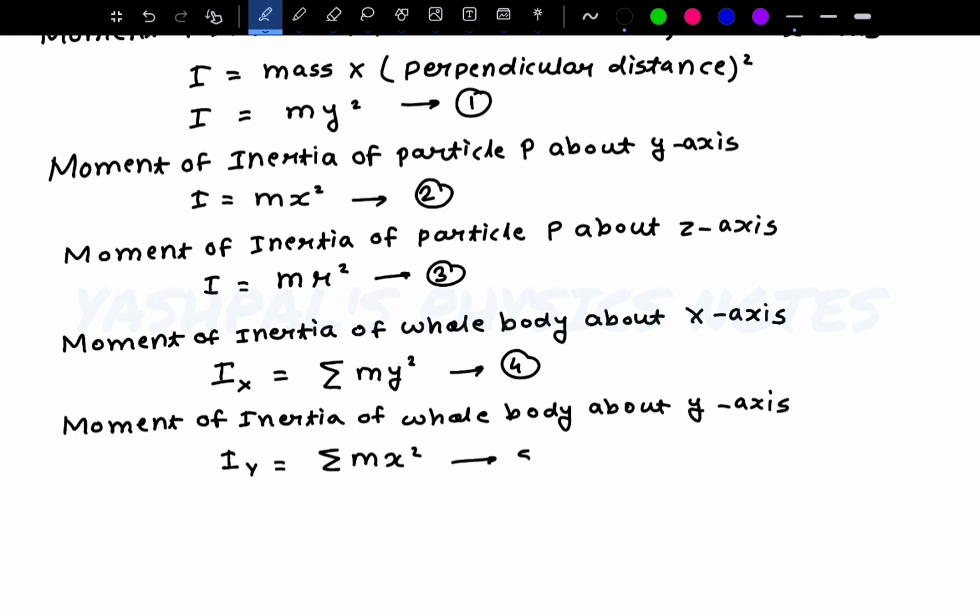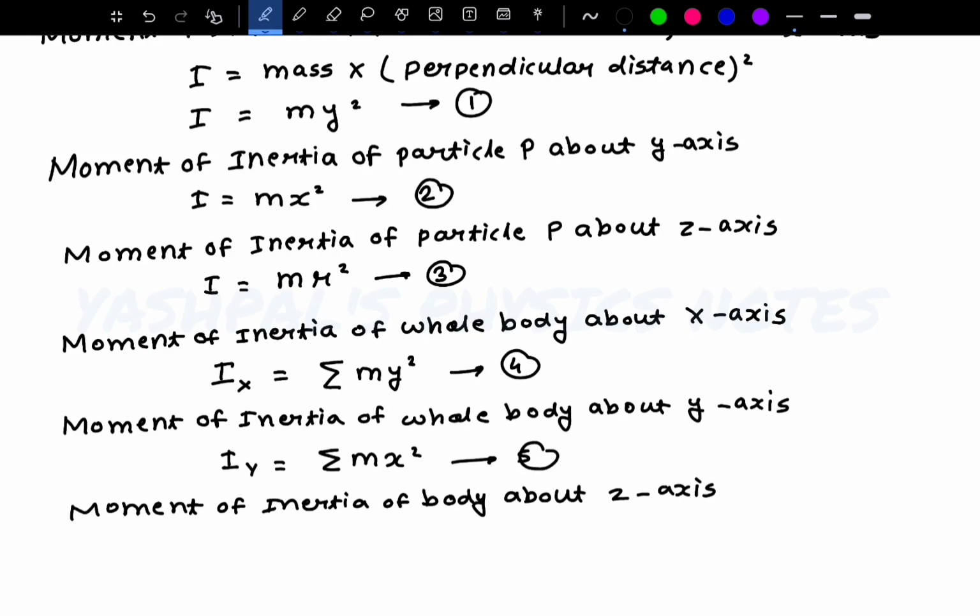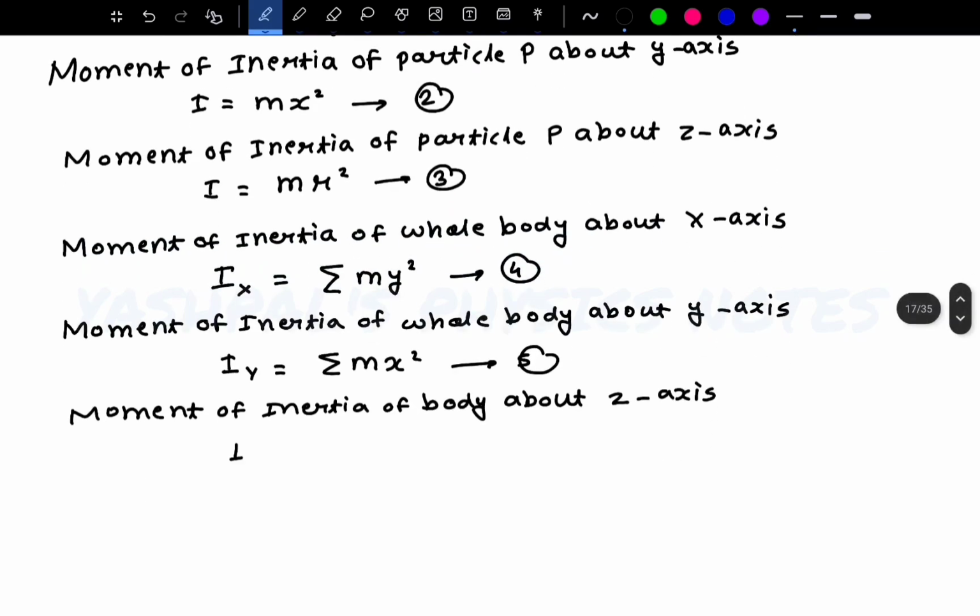So give this as equation number 5. Also moment of inertia of whole body about z-axis will be, from equation 3 I can write Iz equals summation, which means sum of all masses, m r square. So give this as equation number 6.